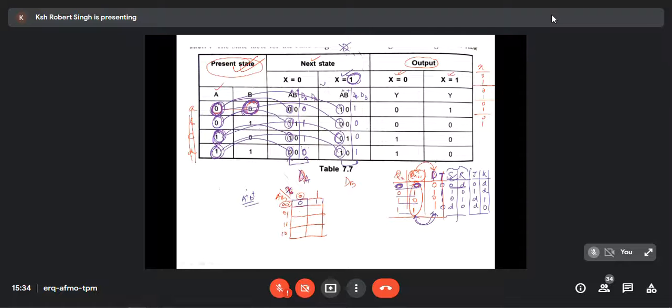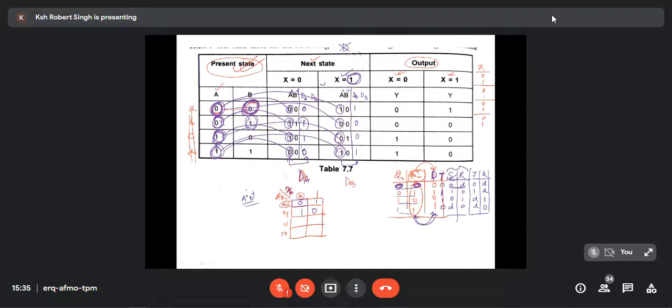Now 0, 1, 0, 1. This is present state 0, 1, and X is 0. Then 1, 0, 1. Then 0, 1, 1. Is it okay? 1, 0.